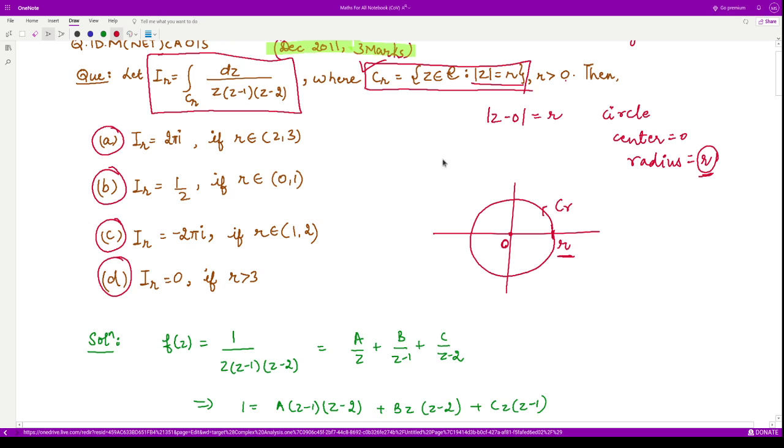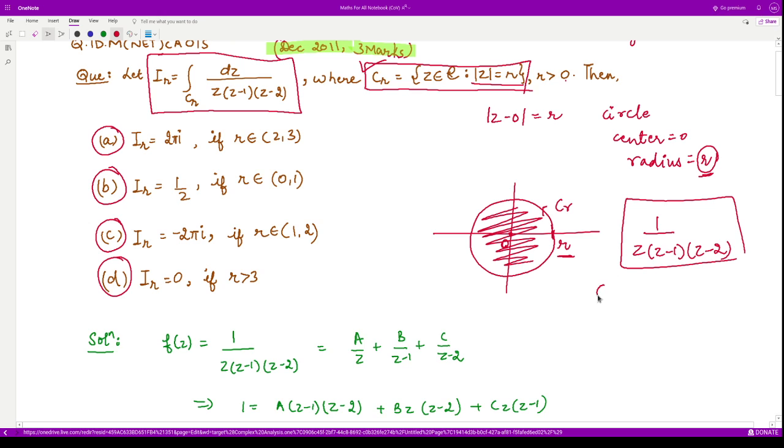Here you have to check whether the given function 1 upon Z, Z minus 1, Z minus 2 is analytic in this given region or not. If it is analytic, then we clearly say by Cauchy's theorem that the integral IR is equal to 0. But here, can you see the points of difficulty?